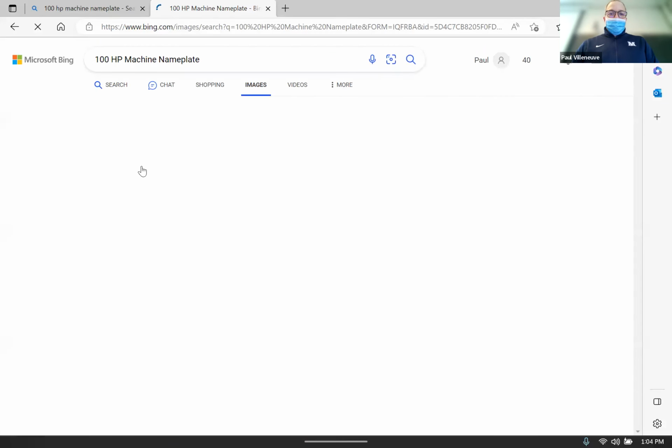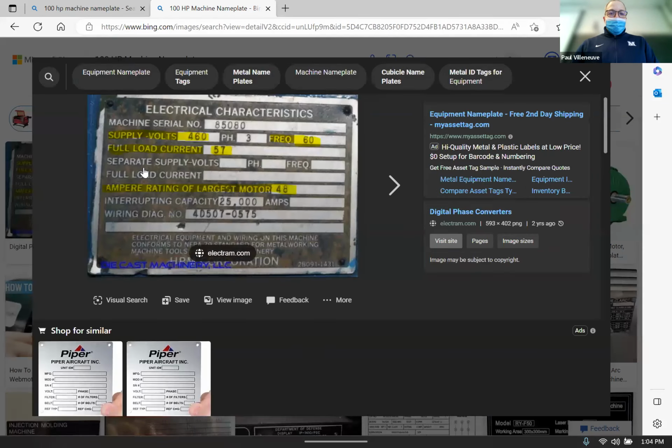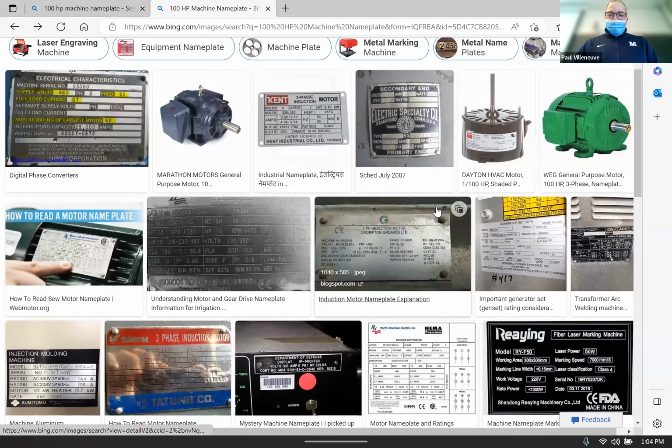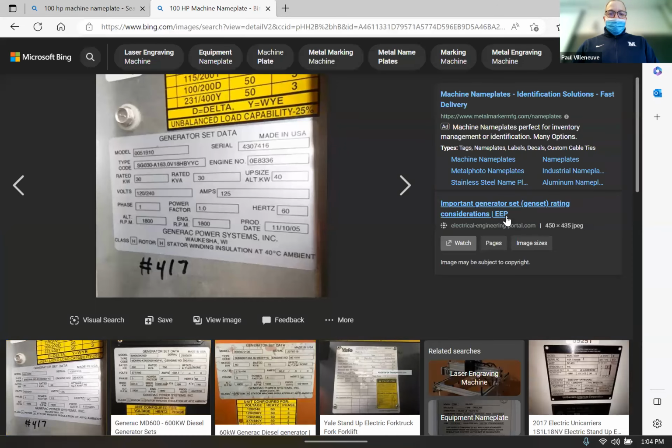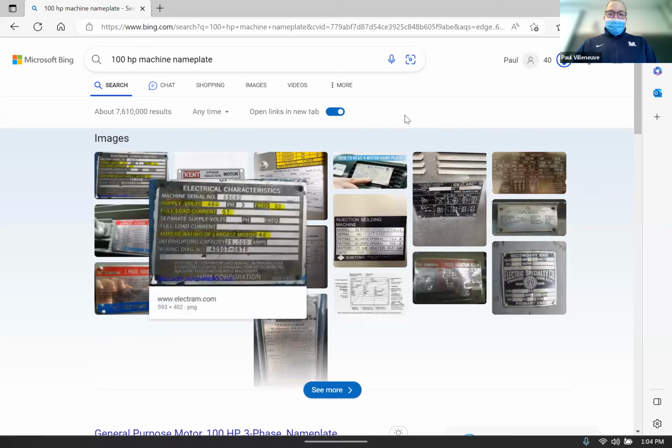Okay, let's take a look at this one. Doesn't have it on this one. I'll try this last one, and then if it doesn't have it, I will tell you. This one has unity power factor, which I don't. Oh, this is a generator set. That's why. So that's not real.